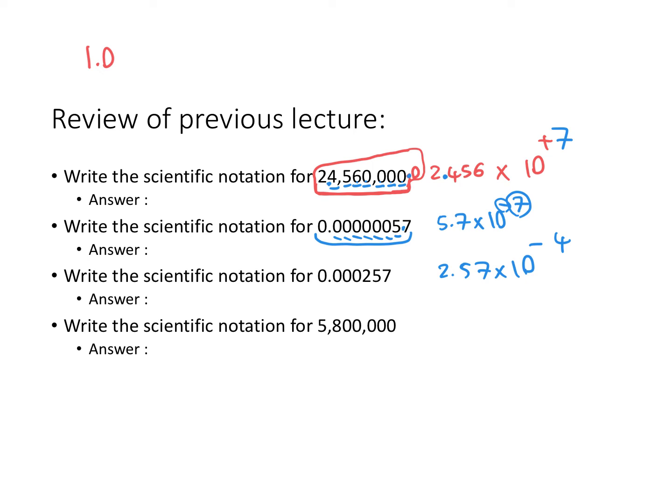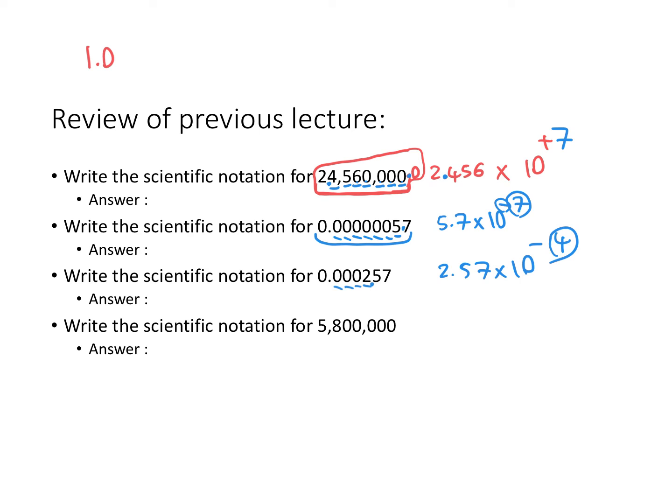So the number, we write it between 1 and 10, so it would be 2.57. And we write it 10 to the power of something, and then the power is negative because the number is small. And then we count 1, 2, 3, 4. We change the decimal point 4 to the right.